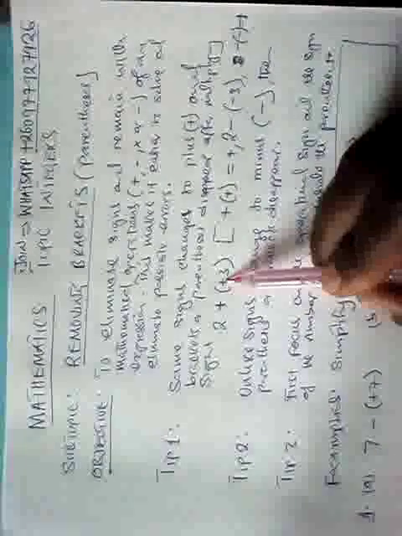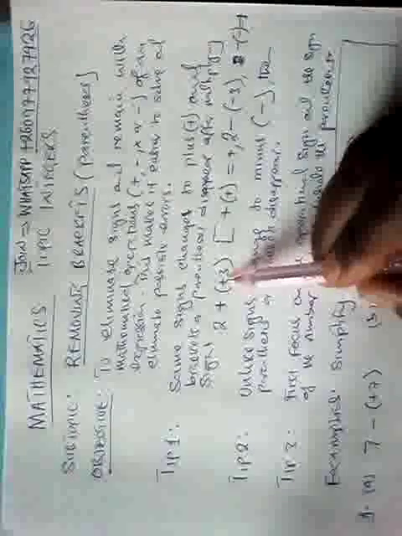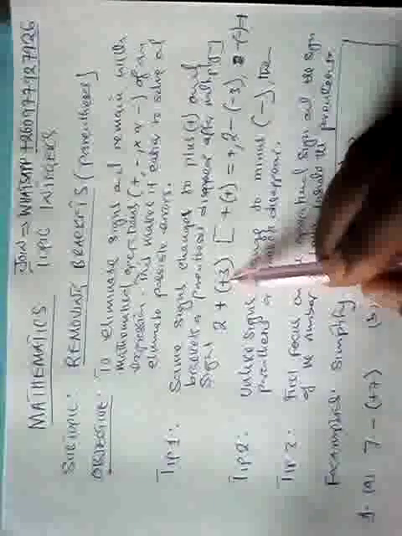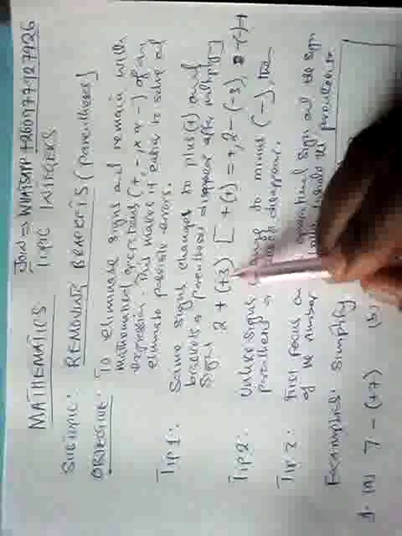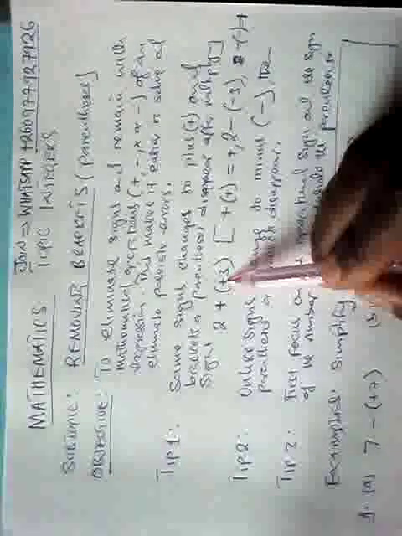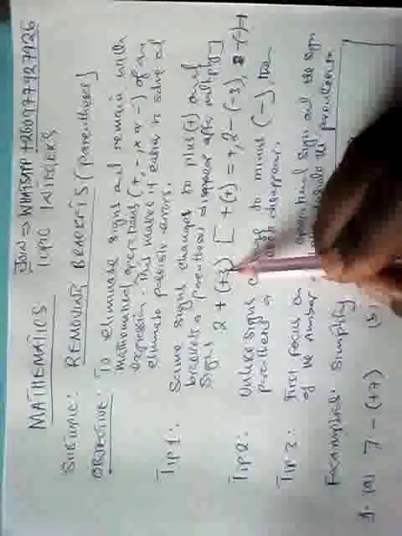What about this positive inside? This positive inside is the sign which is telling us the nature, the state of 3. Is it a positive number or a negative number? 3 is a positive number. So this is telling us the nature of these 3, either positive or negative.